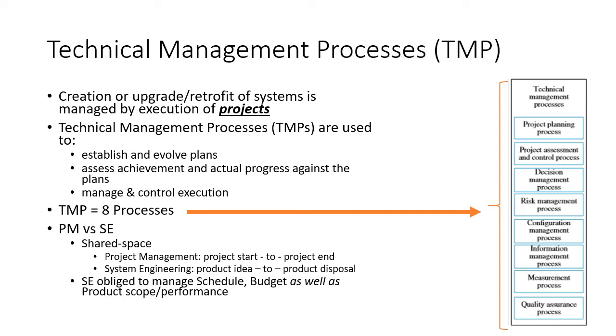And the technical management processes, all 8 of them, are designed to build plans to create, upgrade, retrofit systems, to monitor the progress of the development and operations, and then to manage and control in the event that there are things that are not going to plan. So this group of activities is associated with the projects, the project plans, and then executing the project plans.